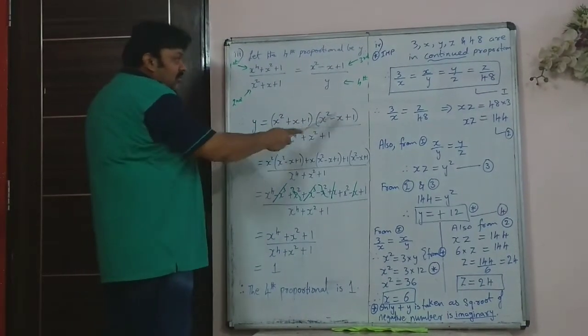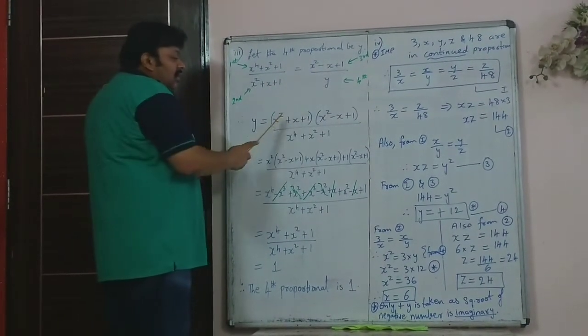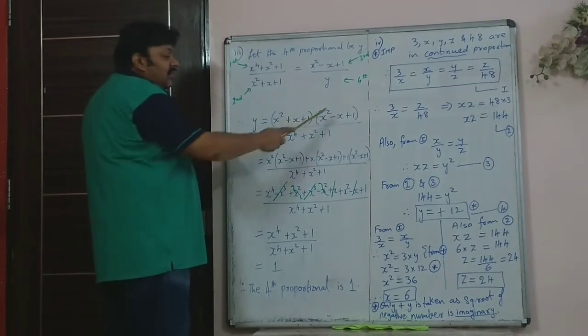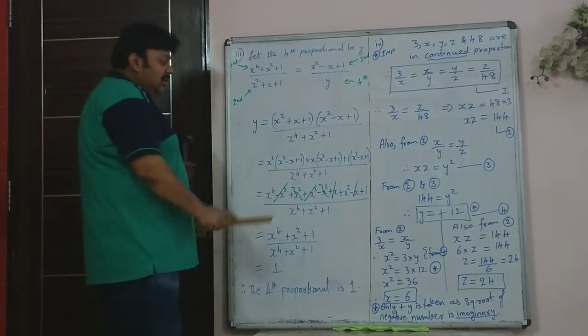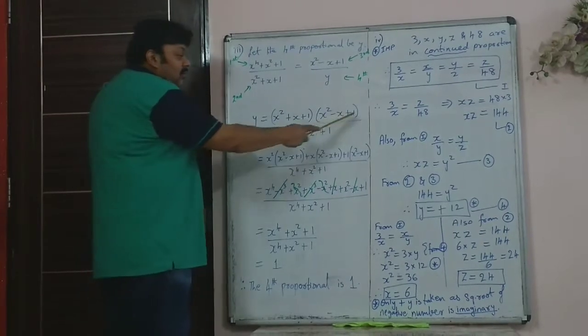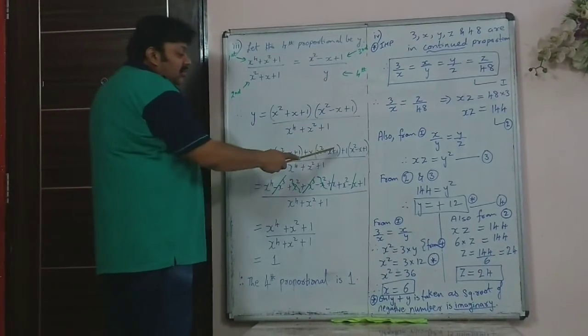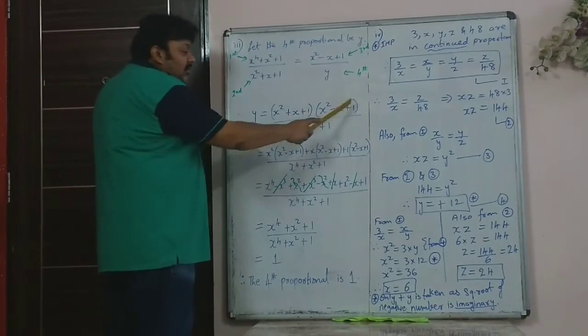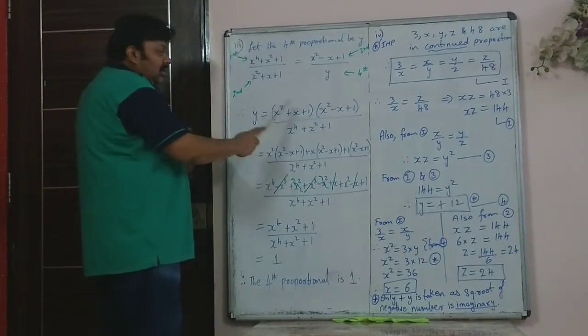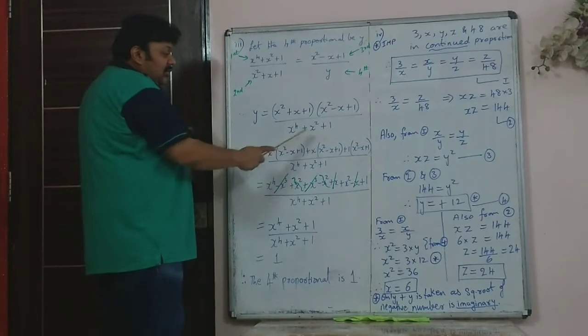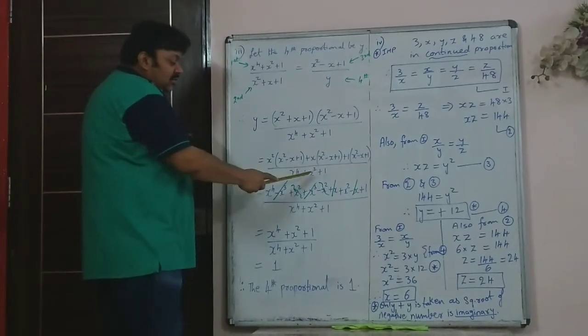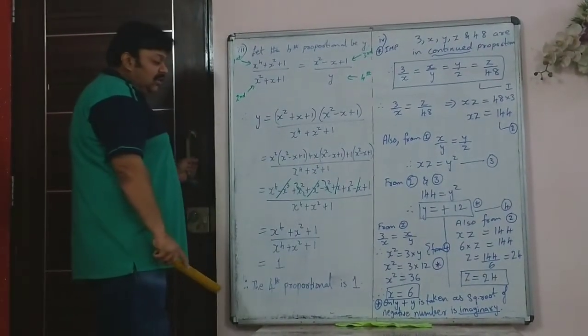So first, when you multiply these two terms, each of the terms of the first bracket should be multiplied with the second bracket. So it becomes x squared into all these terms plus x into all the three terms plus 1 into all the three terms, upon the denominator, which will be the first proportional, that is x raised to 4 plus x squared plus 1.